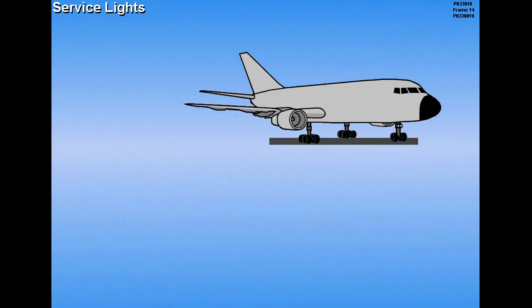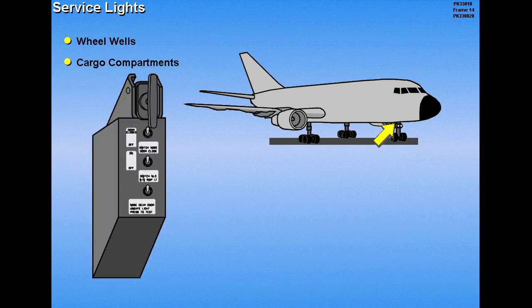Service lights are located in various work areas, such as wheel wells and cargo compartments. Controls for these lights are located at the individual service area. Let's now answer a few questions.